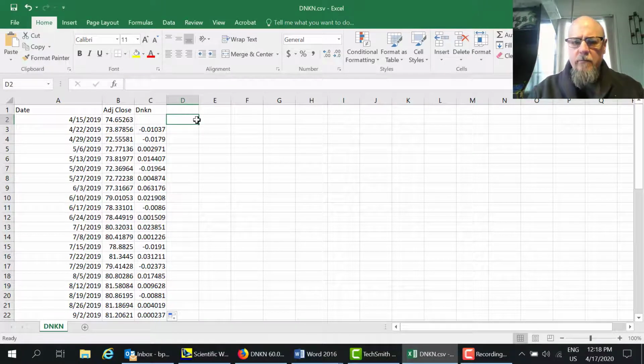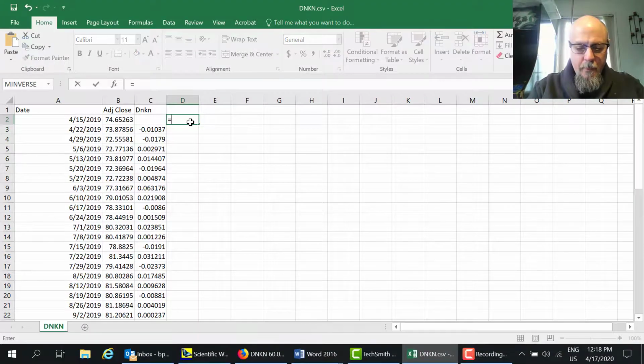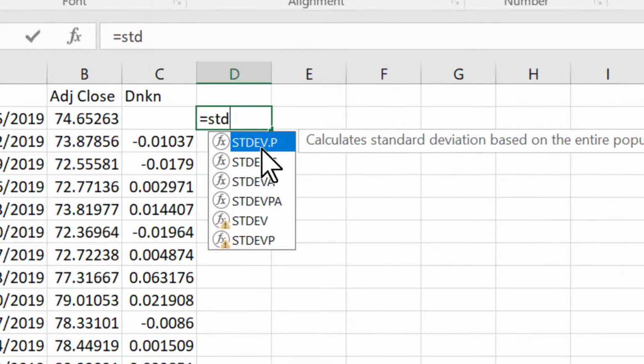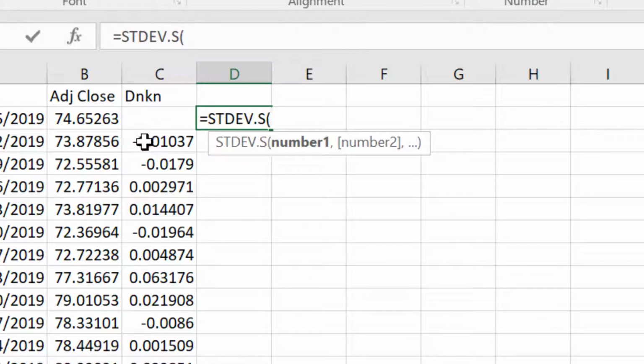I don't need the drift, right? I need the standard deviation for the volatility. Standard deviation of the sample of these.